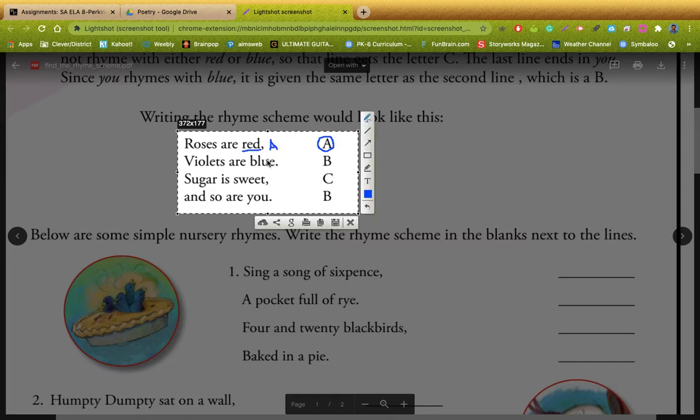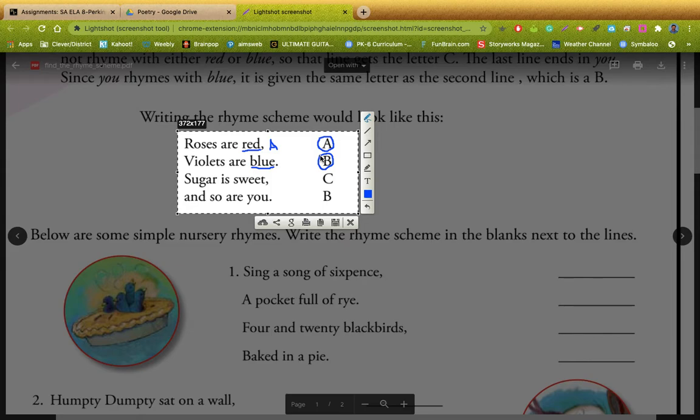Now the next line, it says violets are blue. The last word is blue. So, what letter do we give this line? Now if you look over here, you're going to see they give it a B. But that doesn't help you. Why in the world is it a B?